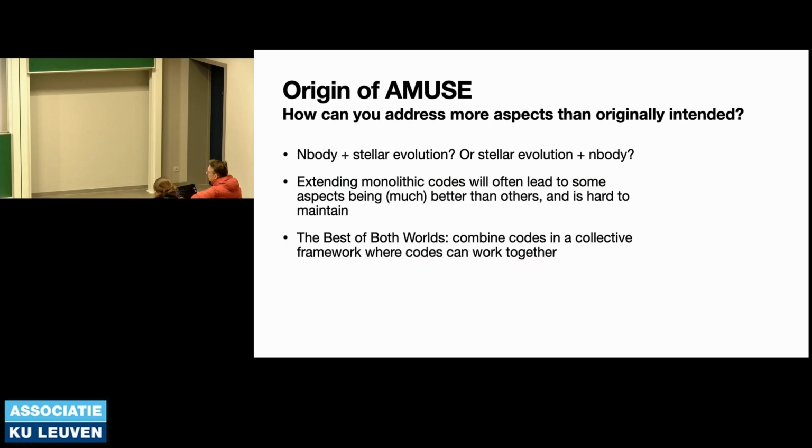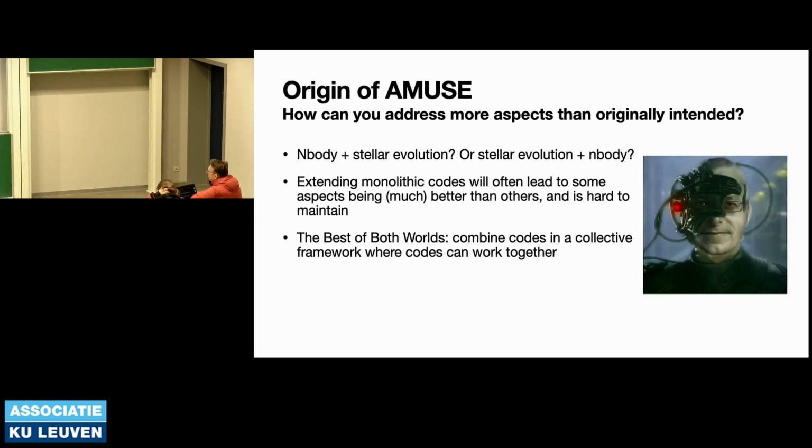But the problem is that if you extend monolithic codes, which are codes that are focused on one thing, it will generally lead to one of these aspects being better developed than the other. The other will sort of be an addendum, which leads to problems, usually. AMUSE is sort of the best of both worlds, where we combine these codes together to work in a collective framework. And we also have this nice picture of Simon in there.